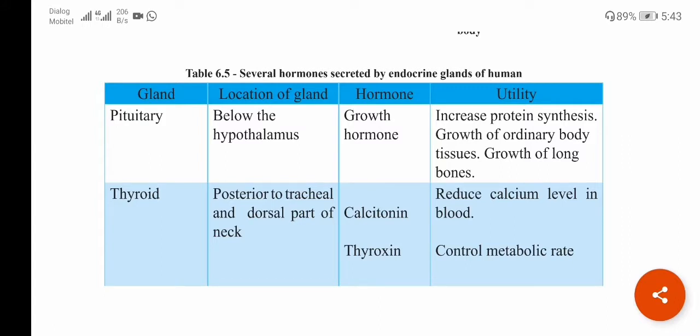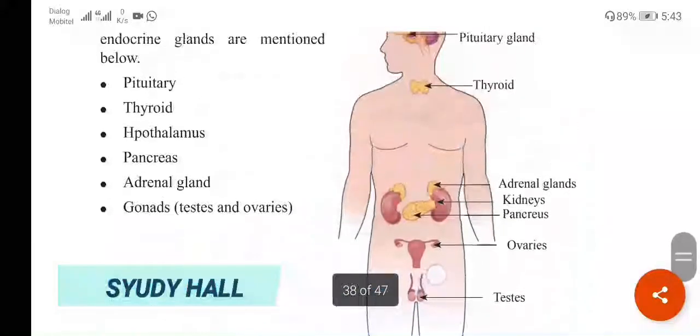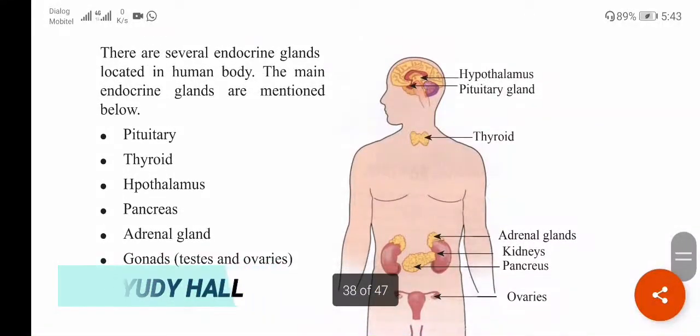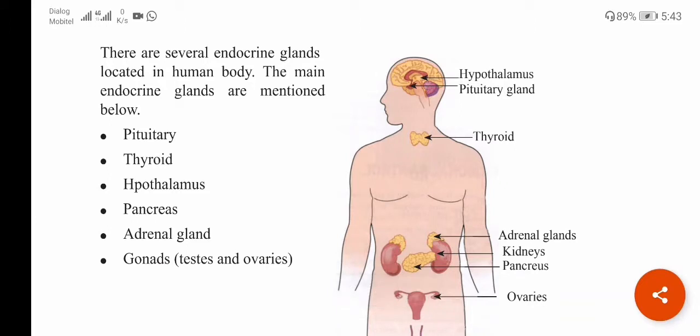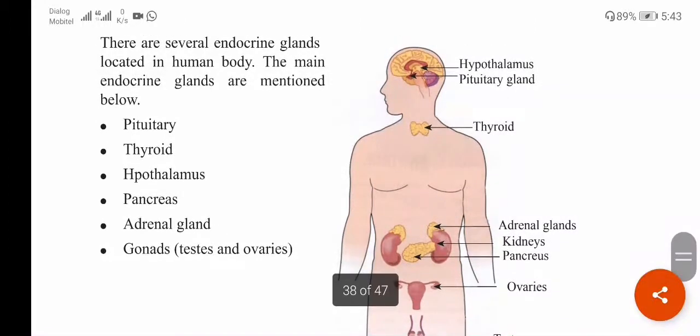And what about the thyroid gland? See the location of the thyroid gland here. It is posterior to the tracheal system, in the dorsal part of the neck.